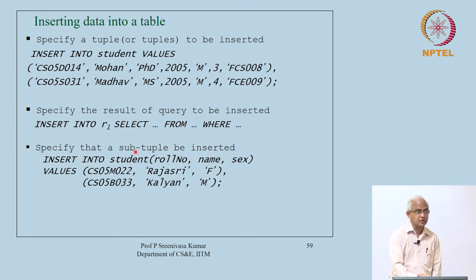We can also specify that some subtuple be inserted. So, insert into student roll number, name, sex alone. So, you are giving the scheme of the subtuple here, and then values. Of course, the values in the tuples should obviously match this number and the data types. The assumption here is that the rest of the attributes will be updated later, or will be inserted as default values.